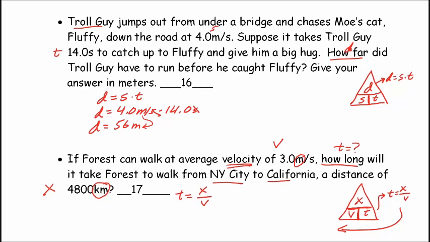And again, the easiest thing for us to do is simply change 4,800 kilometers into meters. We're going to express this in meters. So we can use dimensional analysis. 4,800 kilometers. We're going to multiply that by a conversion factor that will cancel kilometers and leave meters, our desired unit.